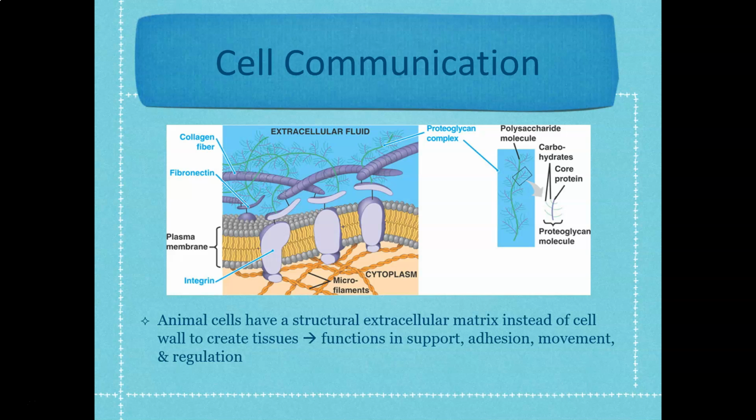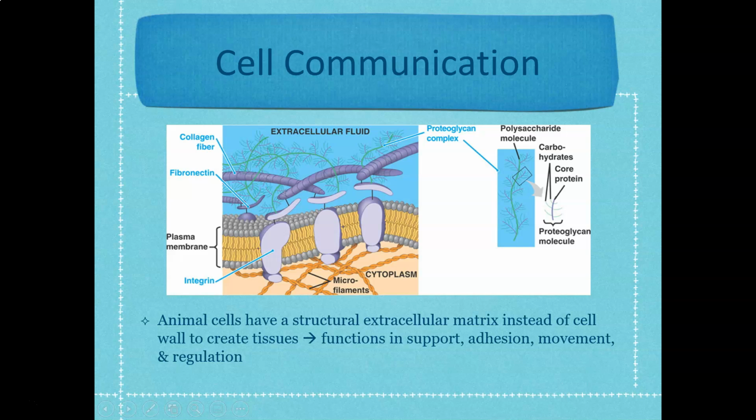And so animal cells have these extra structural components in this thing called their extracellular matrix, which is what we're looking at here. You may see it shortened to ECM, extracellular matrix, right? And so you've got all sorts of fibers, carbohydrates, collagen, fibronectin, glycolipids, glycoproteins, the whole nine yards, that are being connected here, and that will also connect to the same thing on the cell that would be on the opposite side.